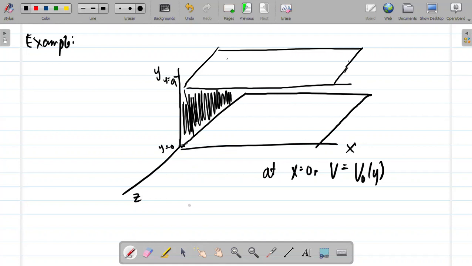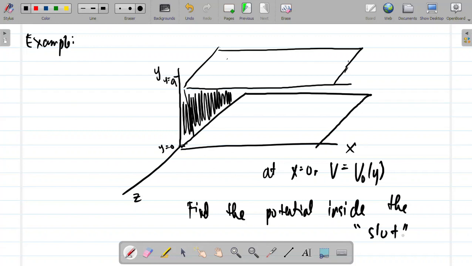So, the task now is find the potential inside the quote-unquote slot. Dito sa loob ng parang dun sa sandwich ng parallel plates natin. So, take note V equals 0 sa upper plate, V equals 0 sa lower plate.